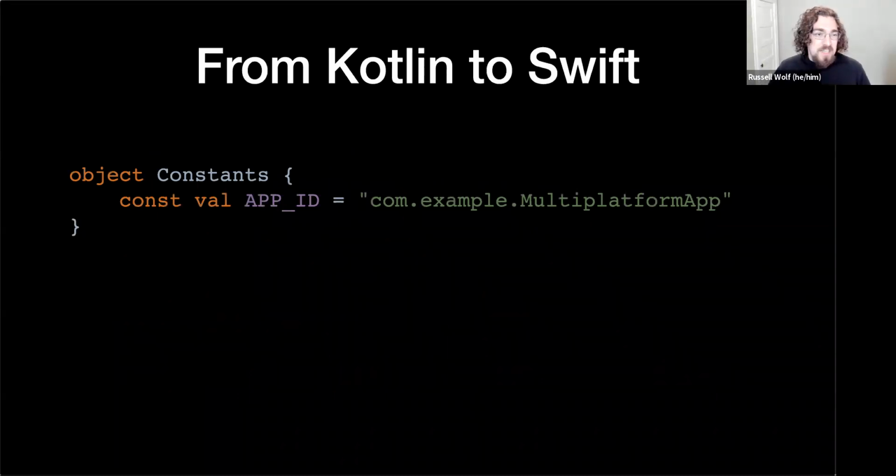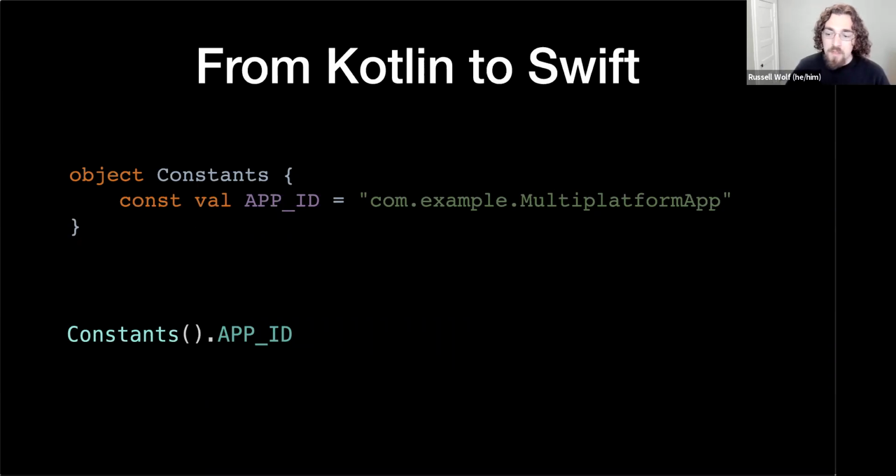Another thing that can come up that's a little bit funky is when you have object declarations in Kotlin. So you might have this constants file. There's a constants object that holds a bunch of things. On the Swift side, the calling syntax for this is sort of awkward looking. You have what looks like a constant constructor.